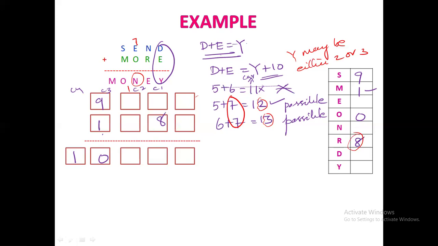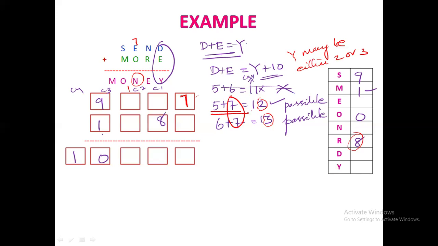So the 7 we can assign to this D. Okay. 7 is assigned to D. Now we have to find out the n value. So here 7 plus 5.